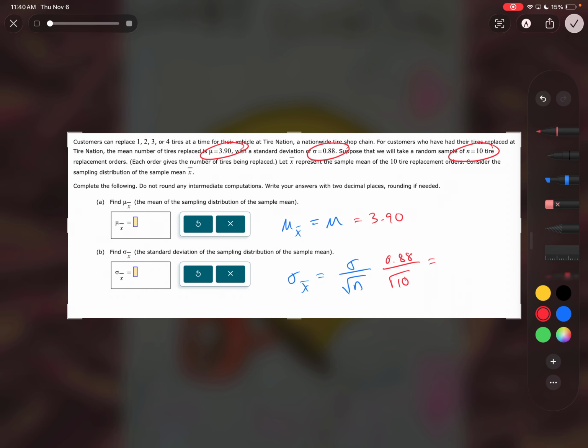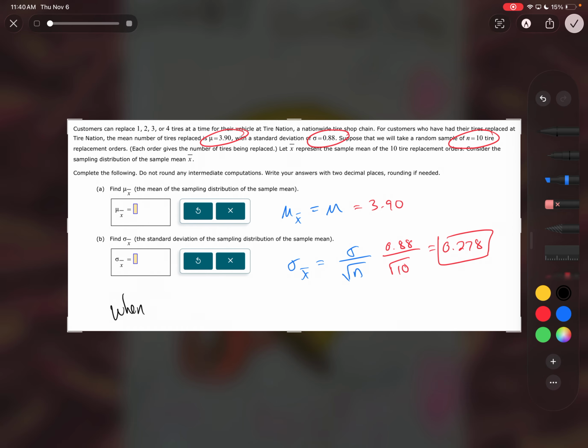Okay. So here is the trick here. I know I've said a lot of things here, but 0.8 divided by the square root of 10 should be about 0.253.